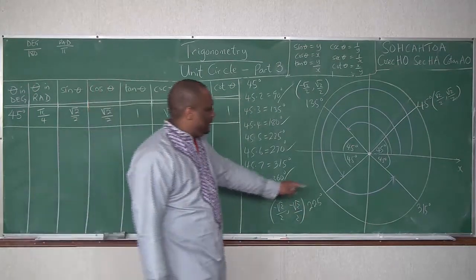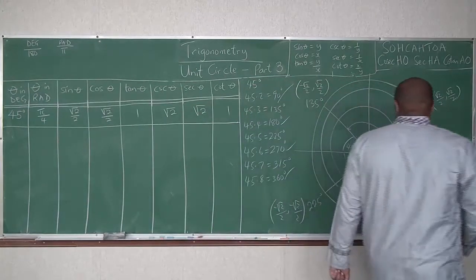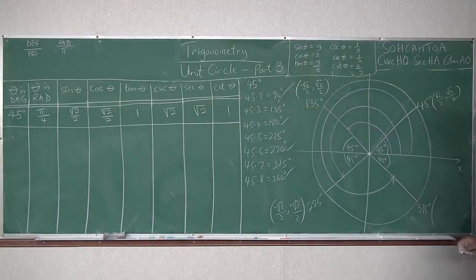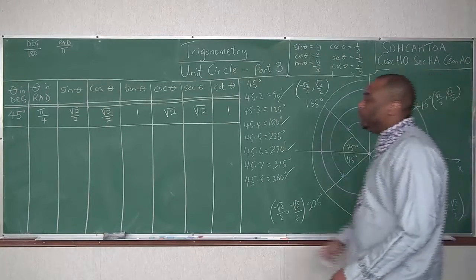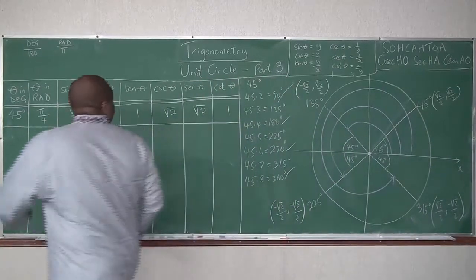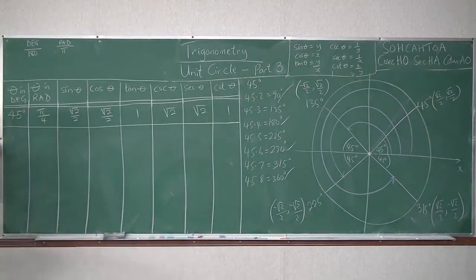And then here, x is positive, y is negative. So this will be root 2 over 2 and negative root 2 over 2. Alright, the work is now simplified for us.